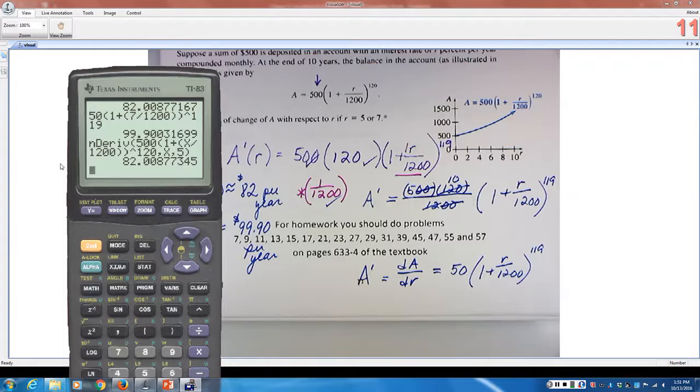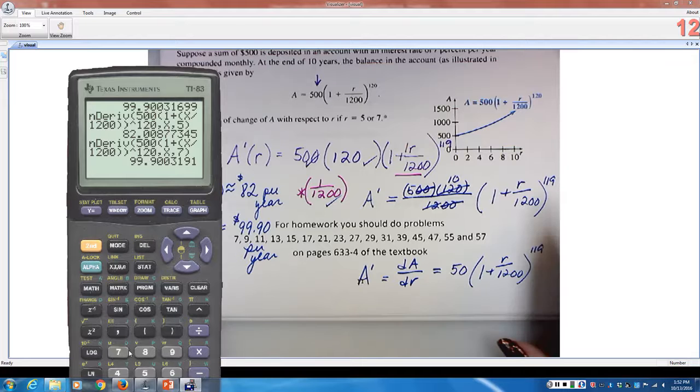And then if you just want to repeat that and change the 5 to a 7, we verify that it's $99.90 in 7 years. Okay? So you can check your answers if you have numerical answers to check them against. You can make sure that you did your derivative correctly. What the calculator won't do for you is the algebraic derivative. But it'll let you verify some numbers to make sure you did that derivative correctly.